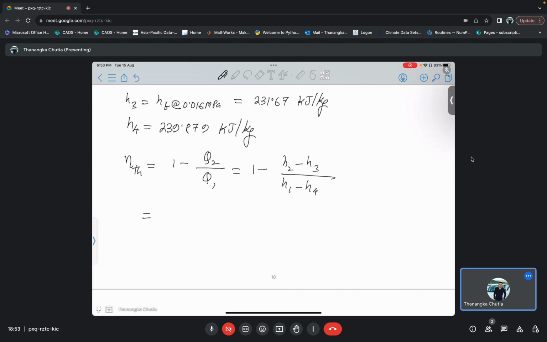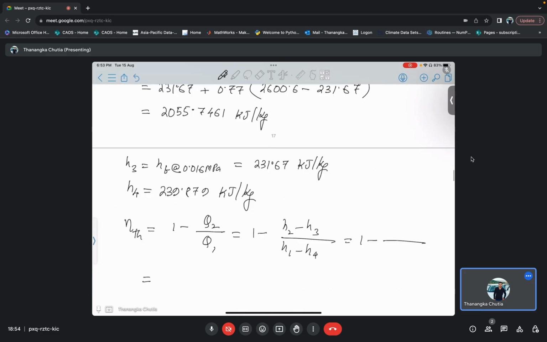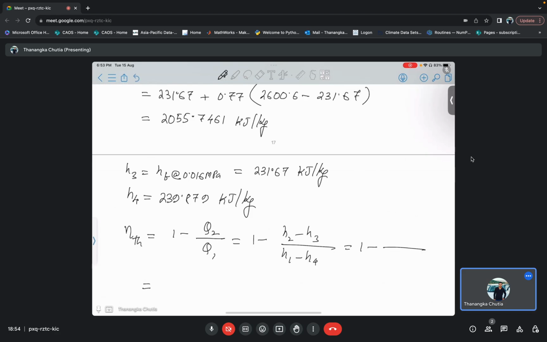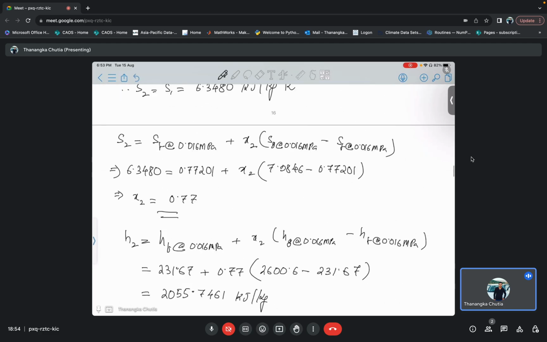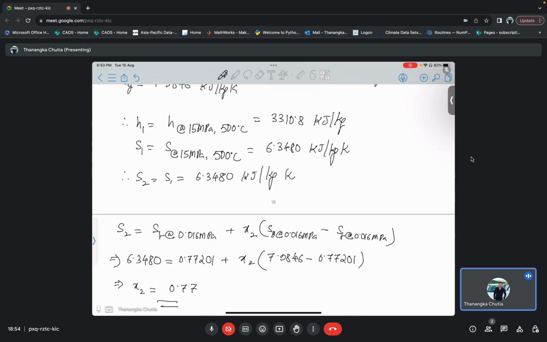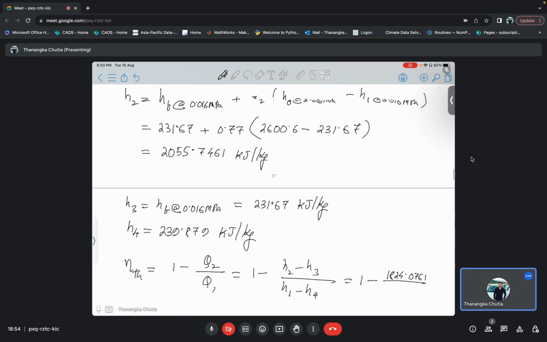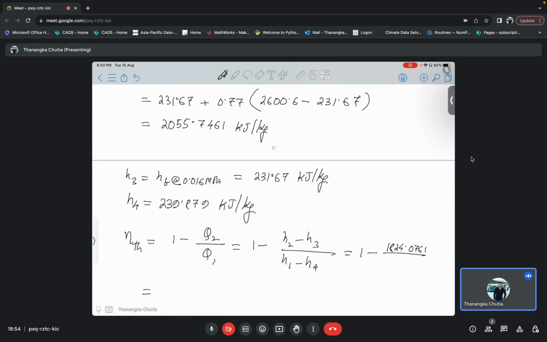Okay, H2 minus H3 is 2055.7461 minus 231.67, so this is 1824.0761, and H1 minus H4: H1 is 3310.8 and H4 is 239.879, okay, so this is 3070.921.